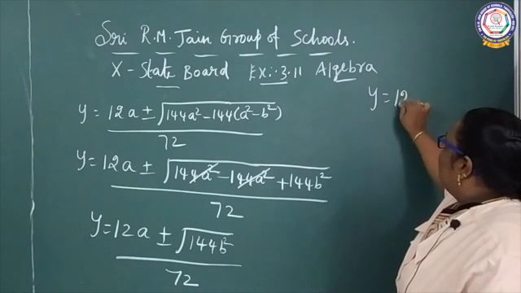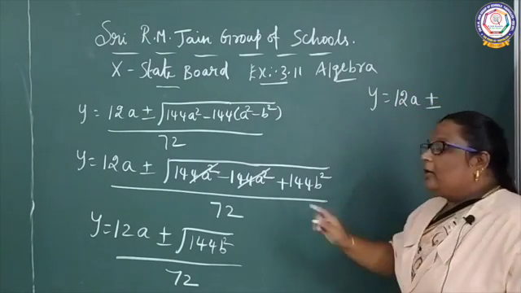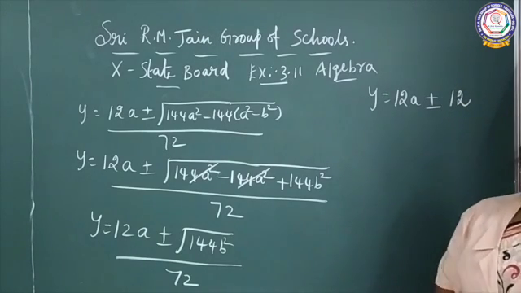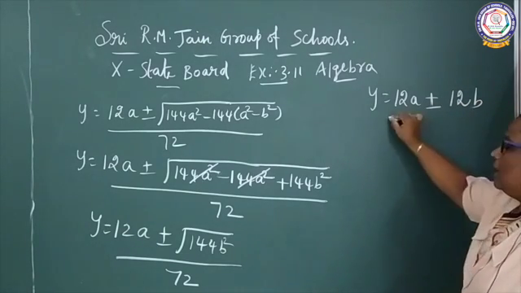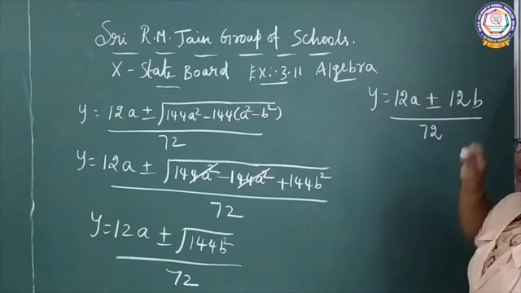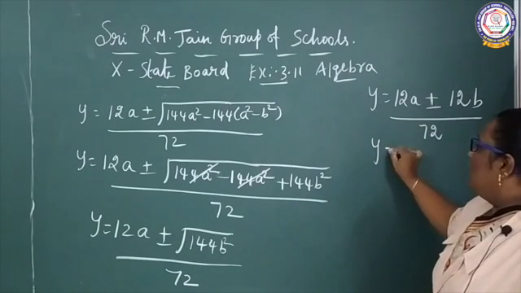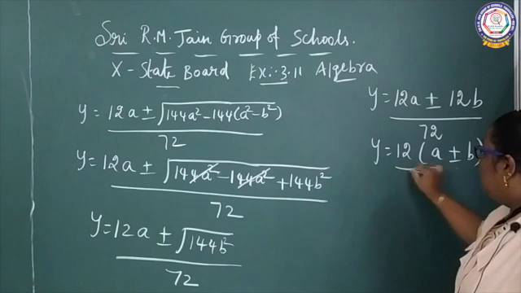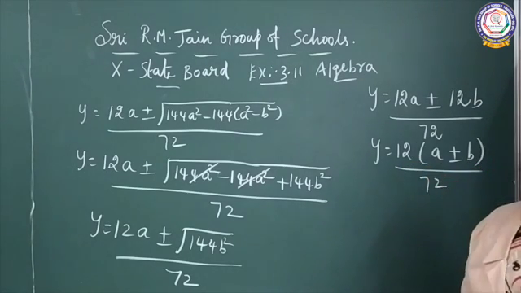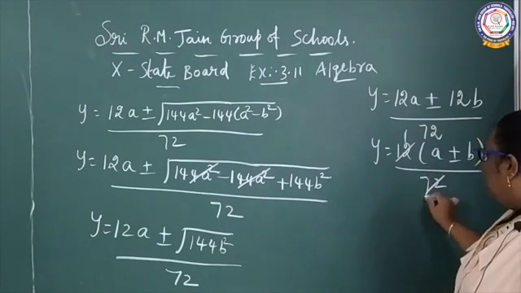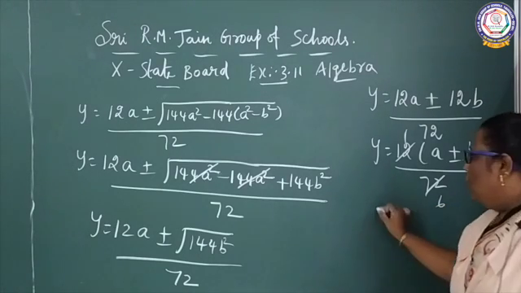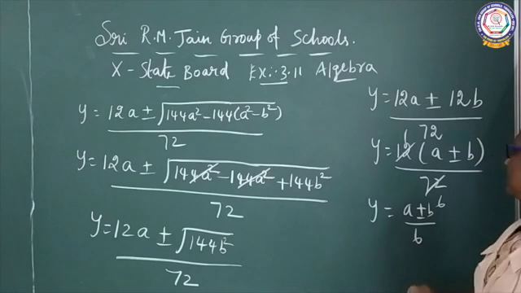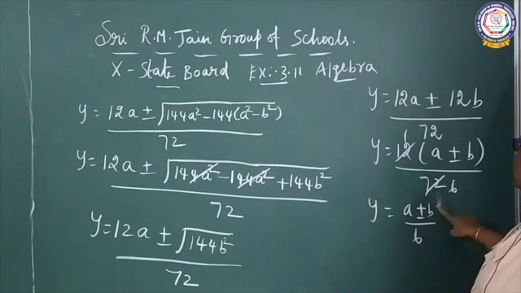Root of 144 is 12, root of b square is b, by 72. y equal to 12, taking it out commonly, a plus or minus b by 72. 12 ones are 12, 12 sixes are 72. y equal to a plus or minus b by 6.